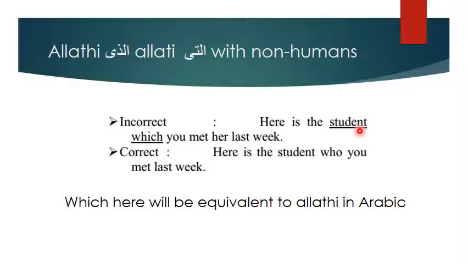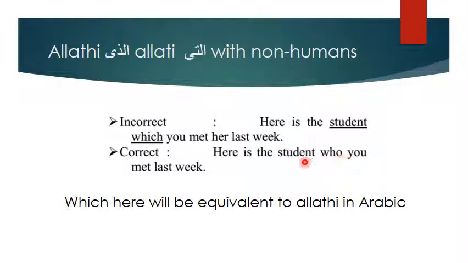Here is the student which you met here last week. Okay, again we have the same problem of inserting the pronoun, which is wrong. Here is the student who you met last week. Okay, so two kinds of issues or problems here. The first one is the use of here, which is wrong. Here insertion, the pronoun insertion, which is equivalent to قابلته, right?